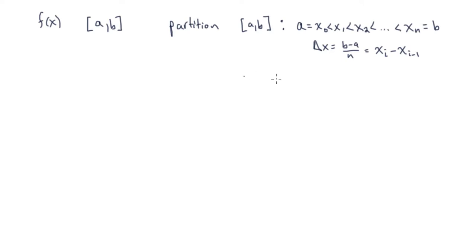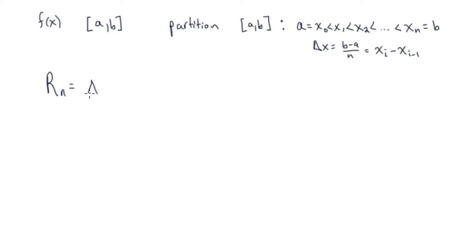Okay, so anyways, we talked about this. We partition the interval, and then let's just say we want to use the right endpoint. Then we have the approximation to the area under the curve of f of x on this closed interval a to b is just what?